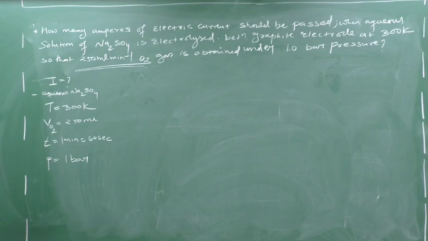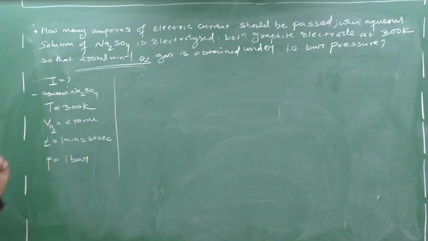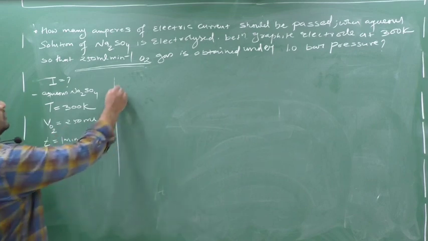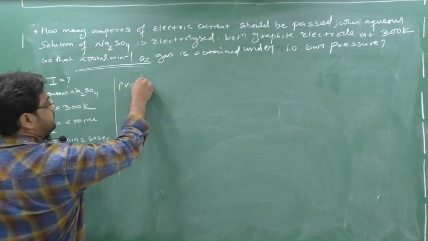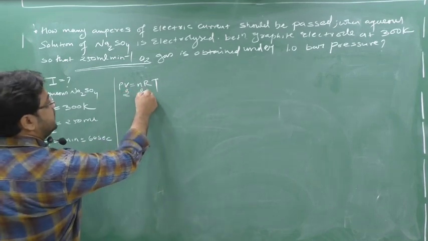See, first what we will do, you can see here P, V, R; you know R is 0.08314. First we will solve for the number of moles. How many moles are there in 250 ml? We know that PV equals nRT. If I take V of O2, then n of O2 will come here.